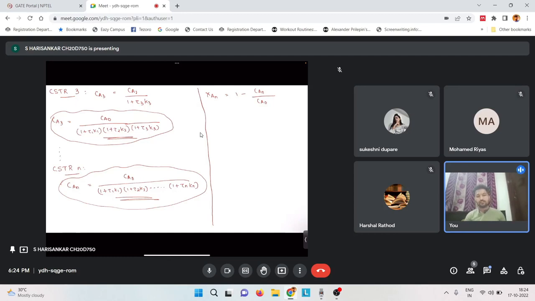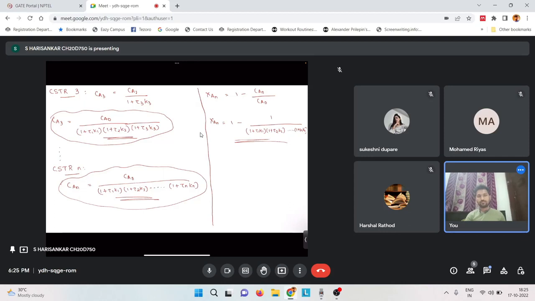If we apply that here, we'll have XAn is equal to 1 minus CAn by Ca0, and Ca0 will get cancelled, and it will be 1 minus 1 by 1 plus tau 1 K1, 1 plus tau 2 K2, and will go on till 1 plus tau n Kn. So this will be the general equation for conversion from a CSTR in series system for n CSTRs.